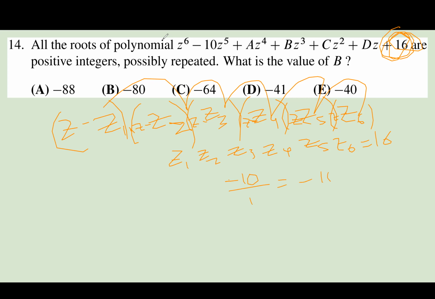So if we add these roots together, we get negative 10 over 1, so it's actually positive 10. So we're adding a bunch of positive integers together.